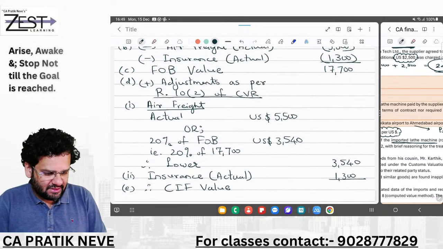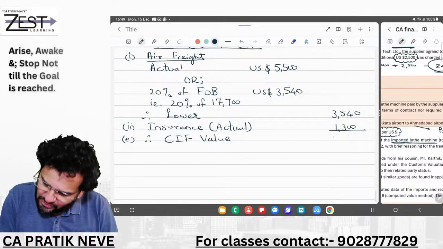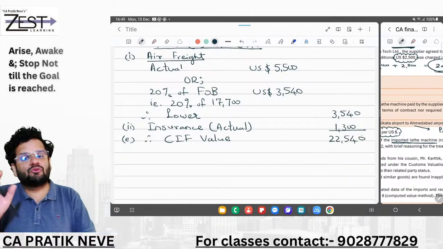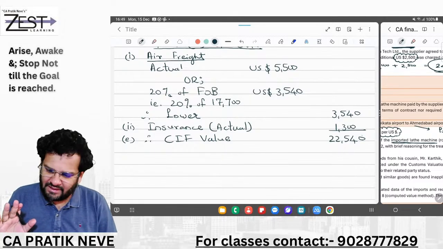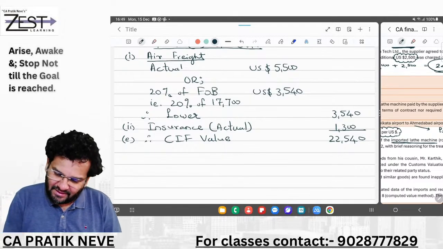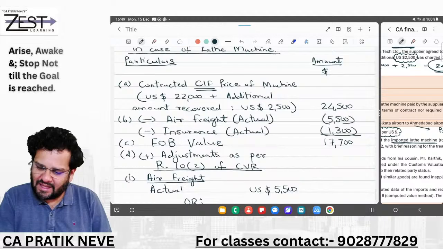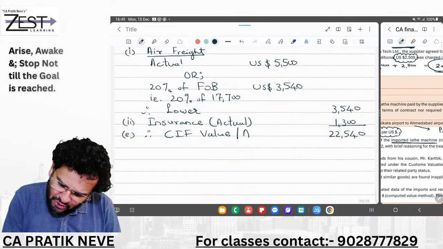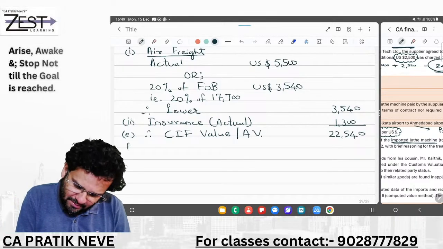Isn't it 22,540? So this is the way this particular sum is to be solved. Clear, all of you with me? This is the CIF value and everything is happening in dollars. Now CIF value itself is the assessable value.